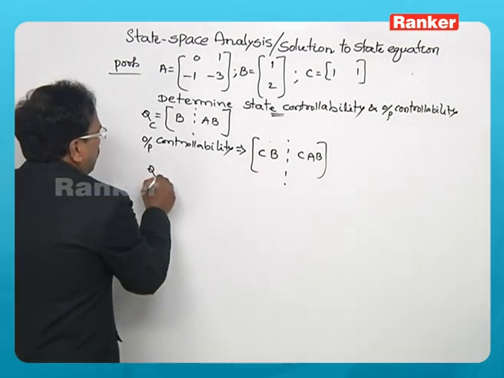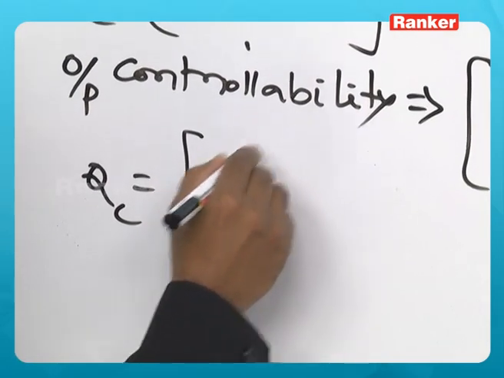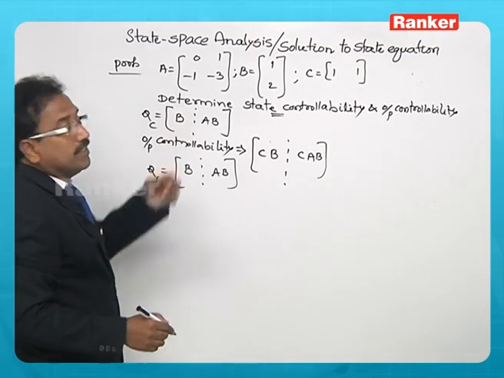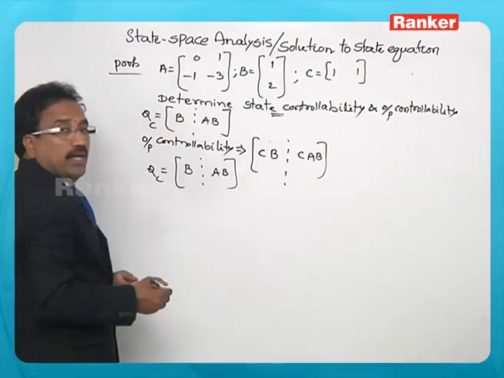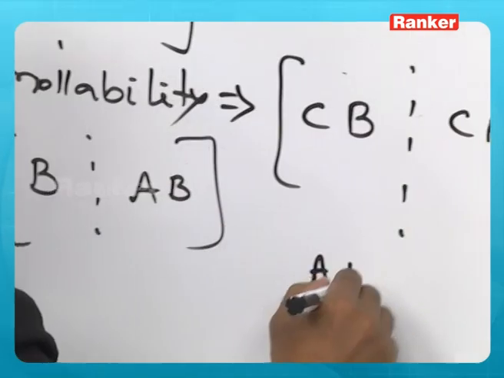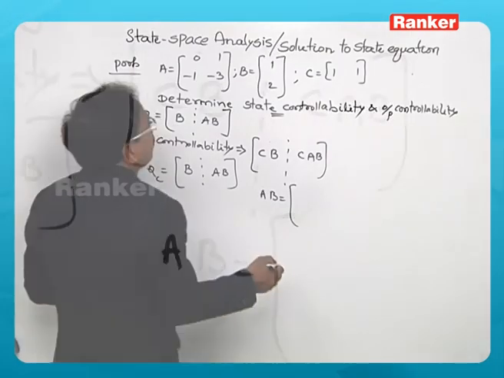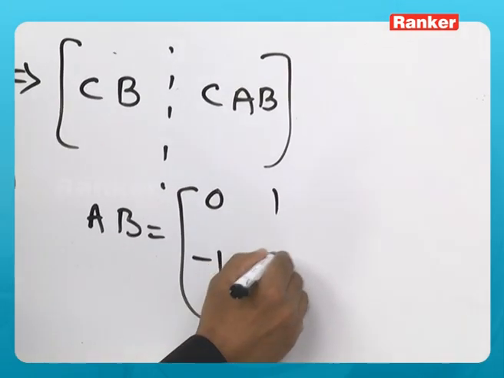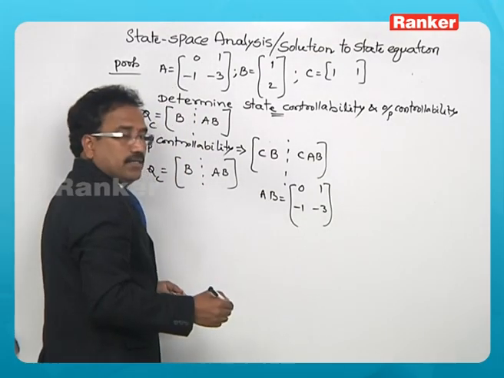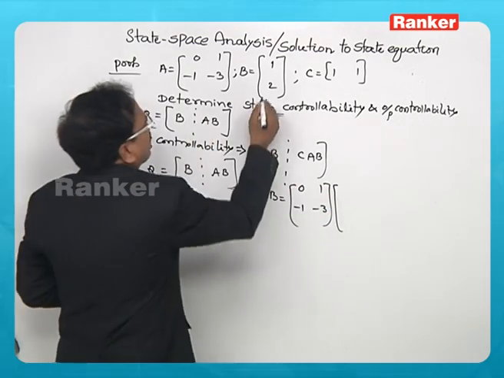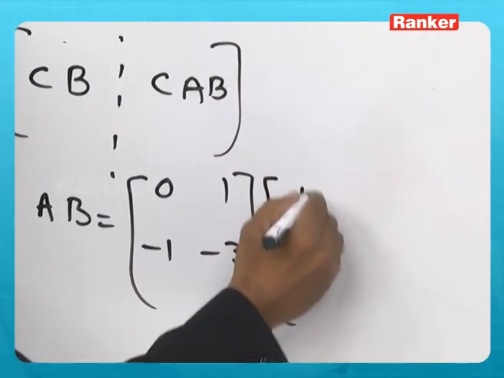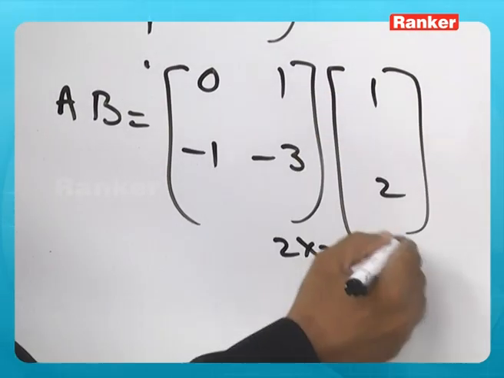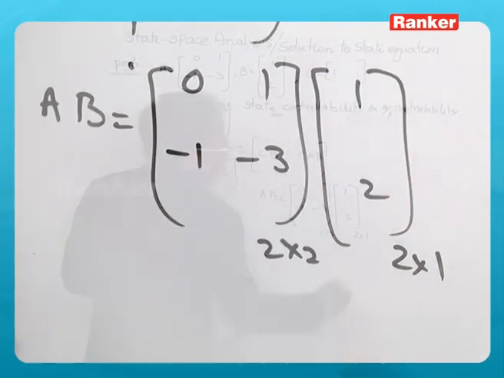So, to see QC, the two elements are B and then AB. B is already given, AB we need to find. So, what is AB? A is given and B is given, the product of that. A is 0, 1, minus 1, minus 3. This is A. Then B is 1, 2. So, what is the dimension of this matrix? It is 2 by 2 and this is 2 rows and 1 column.